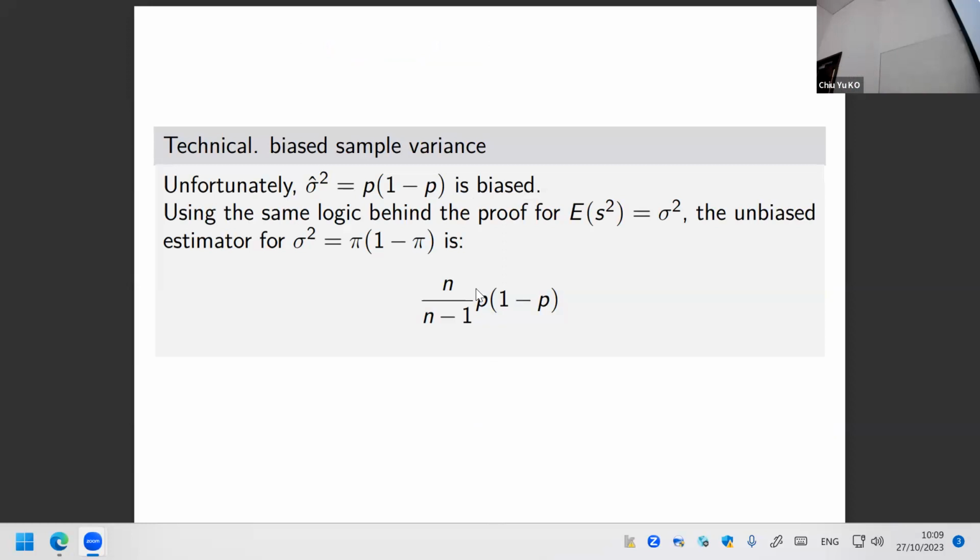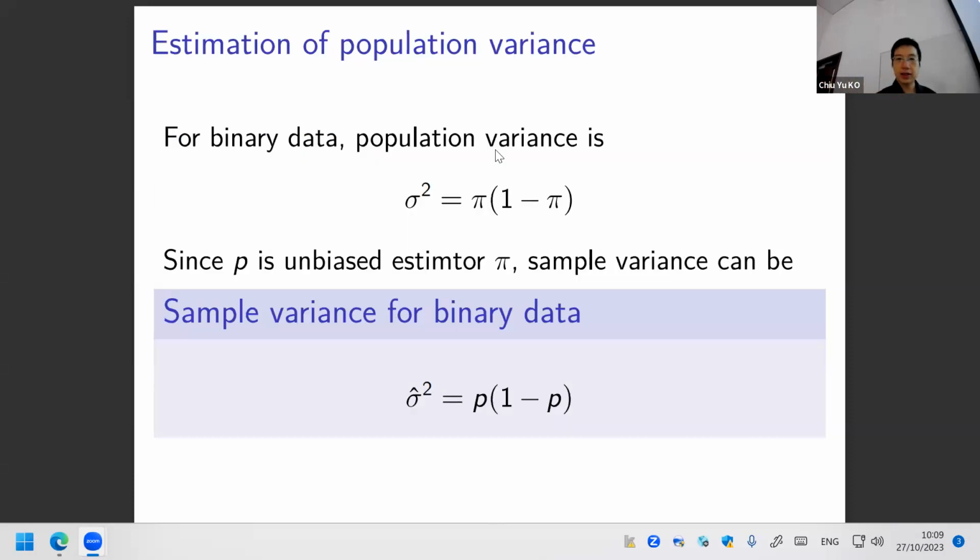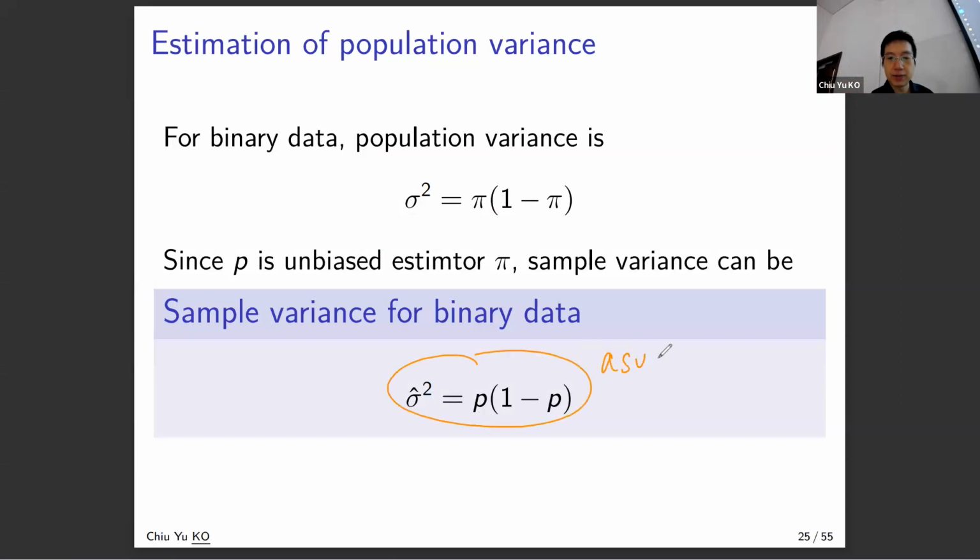Just a technical note on why this one is still accepted. This one has a property called asymptotic unbiasedness. It's an even weaker property, which means that the bias goes to 0 when the sample size gets very large.